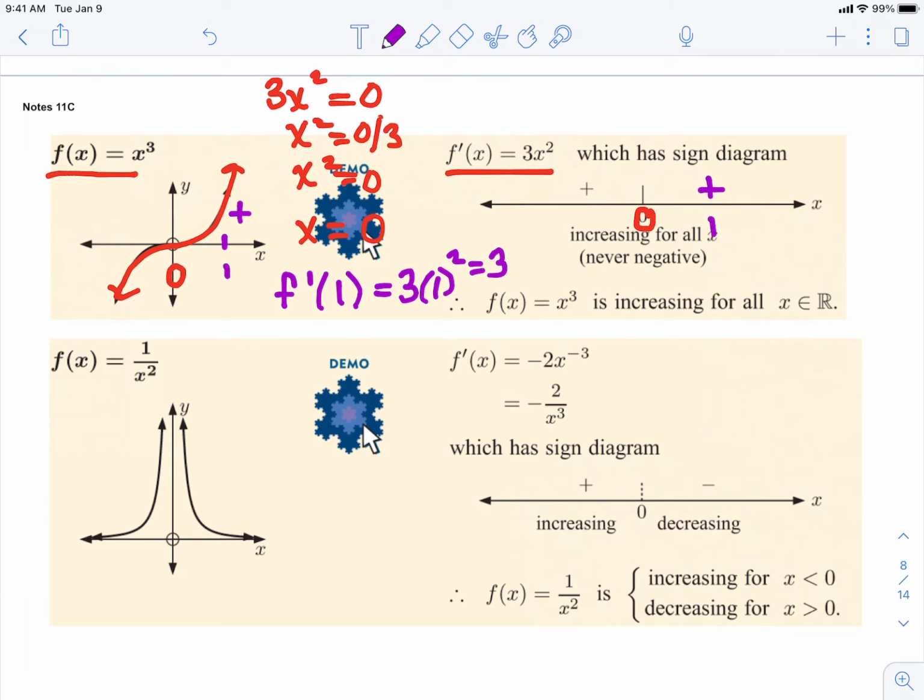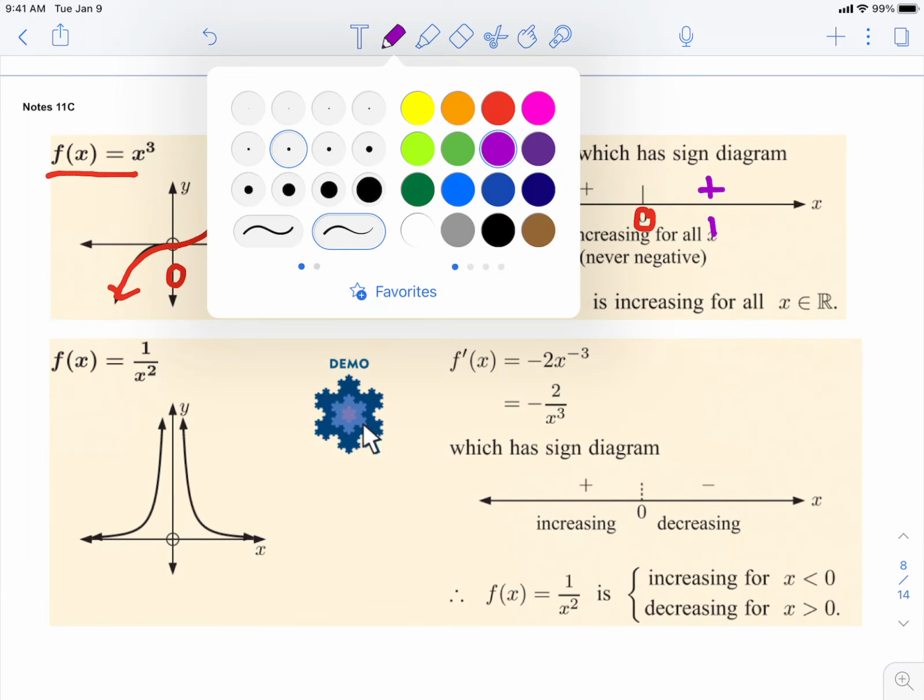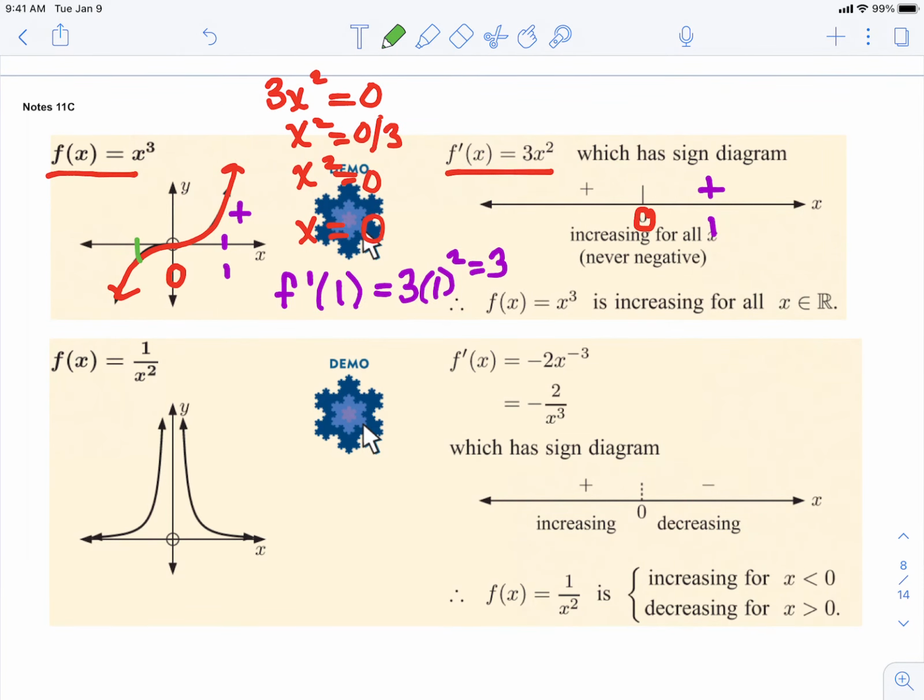It's increasing the entire interval. Now let's try a number to the left of your critical point. So f dash of -1. We replace that x with -1 in the derivative, and we get a +3. So the slope is also a positive.